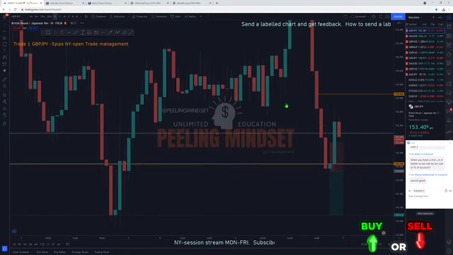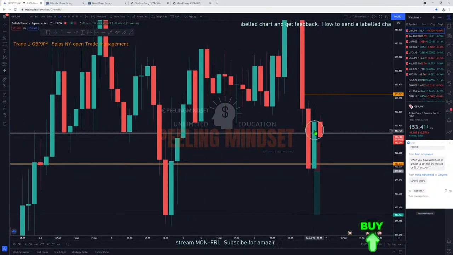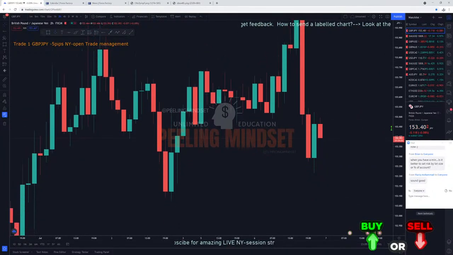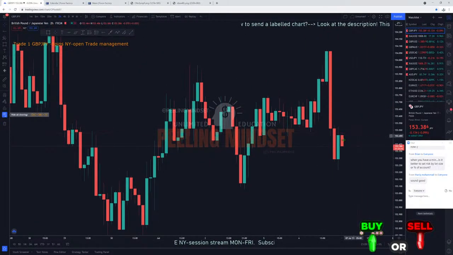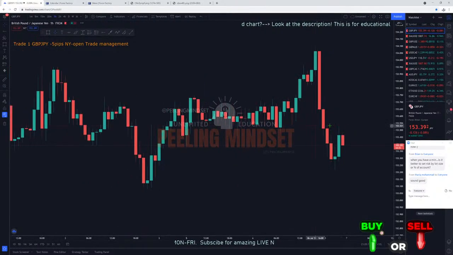All right, so the previous 2-hour candle closed bullish above the gray area, and pound yen, I don't know. Mr. Pound Yen.